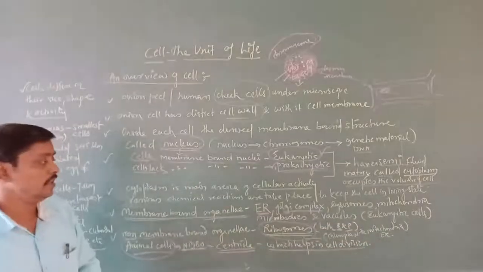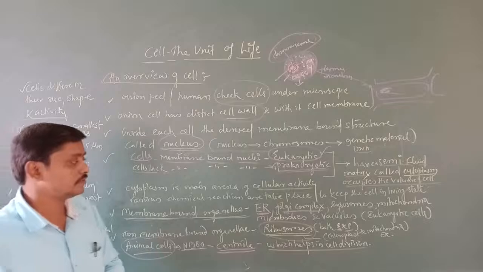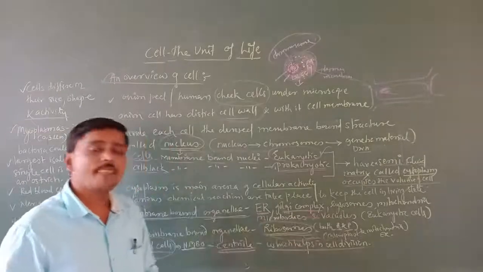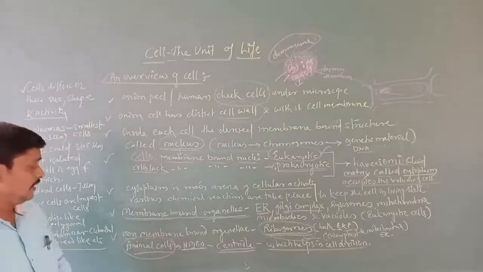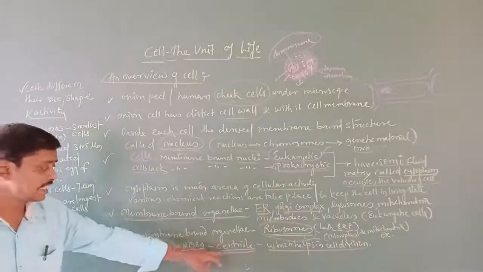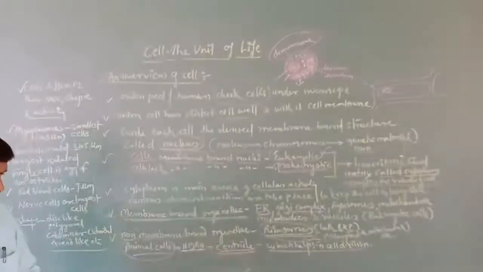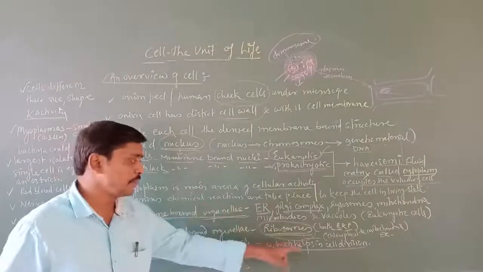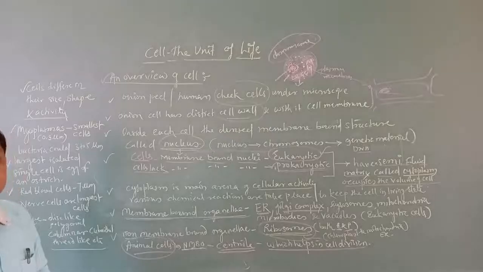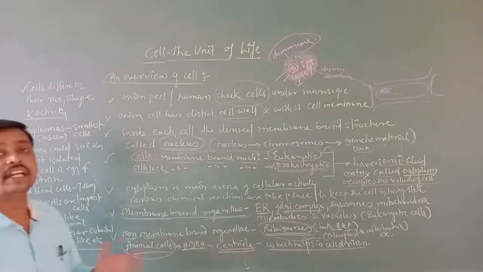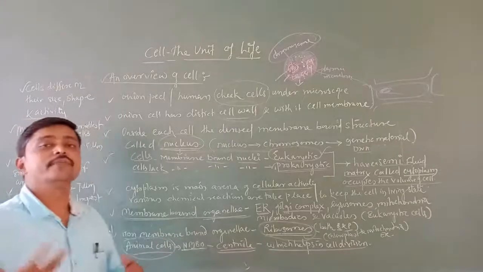On the membrane of chloroplast, mitochondria and endoplasmic reticulum. There is another organelle called the centriole, which is present in animal cells. The centriole is helpful in cell division, in the sense of multiplication of cells, from one cell to a number of cells.